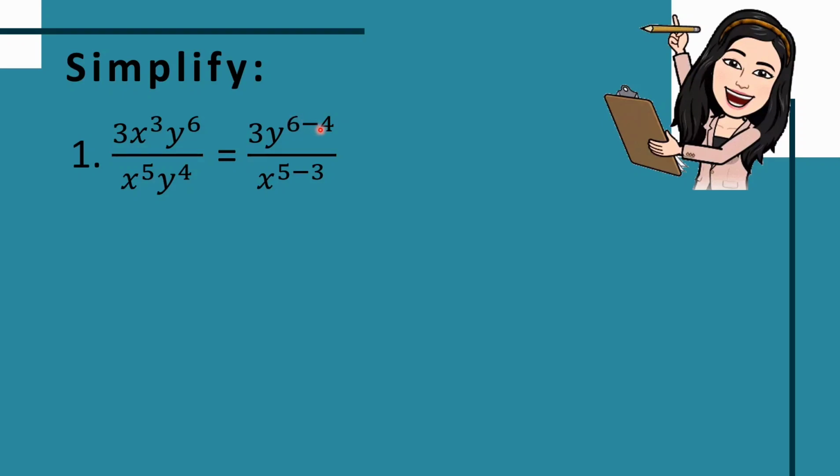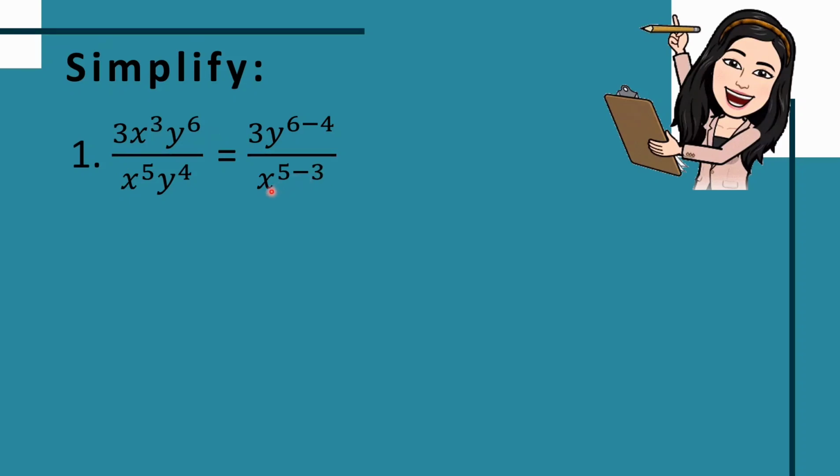Kaya po siya naging 6 minus 4. Nakuha? And then, since ang x to the 5th natin is larger than x cubed, hayaan natin si x to the 5th na nasa denominator. Nasa kanyang position pa din. Pero, sinubtract natin ang smaller exponent. Kaya po, naging x raised to the 5 minus 3. Nakuha ba? Okay, I hope so.